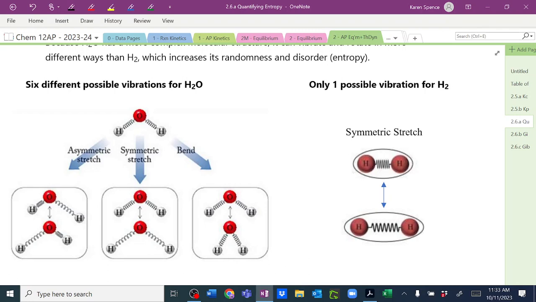What kinds of vibrations can you have? Do you remember? We can have, and you're going to do it with me, symmetrical stretching. Symmetrical stretching. Let's try asymmetrical stretching.